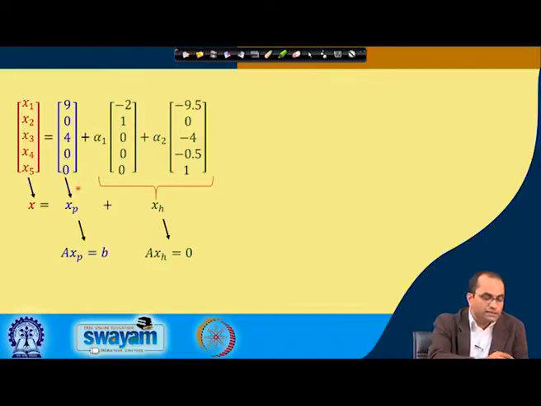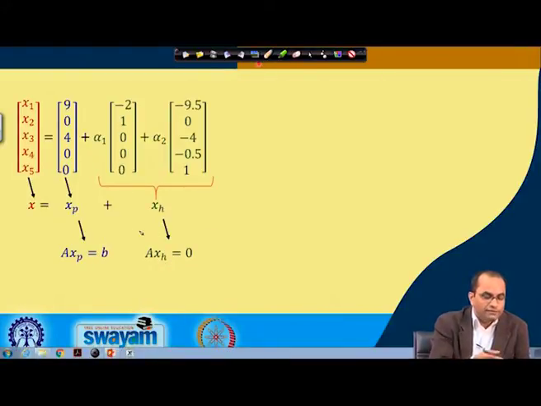So, here this xp, this particular solution, if we substitute instead of x this xp, this Ax will give exactly b, the given system, and here this part actually satisfies Ax is equal to 0, and as a total also we have the solution.